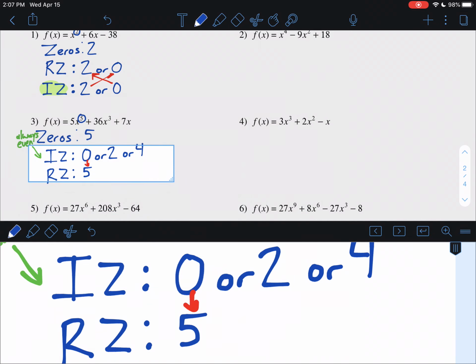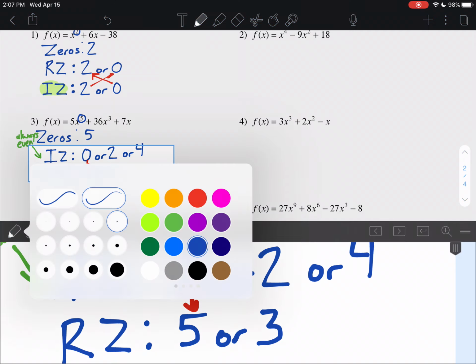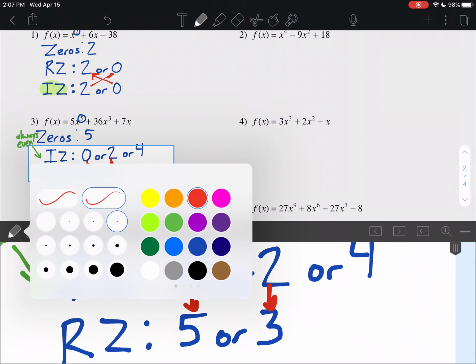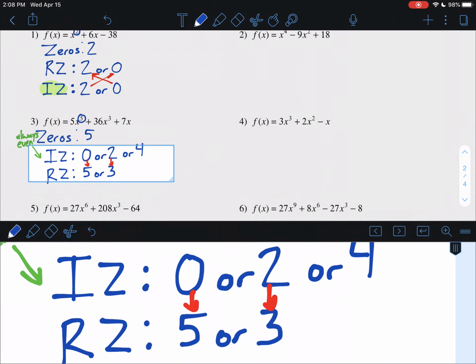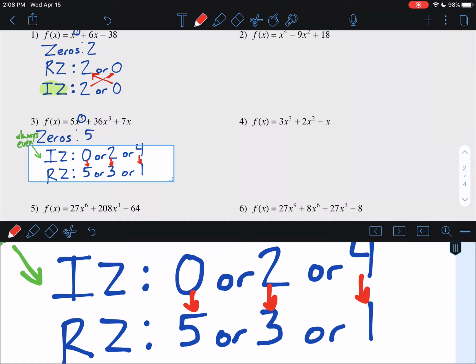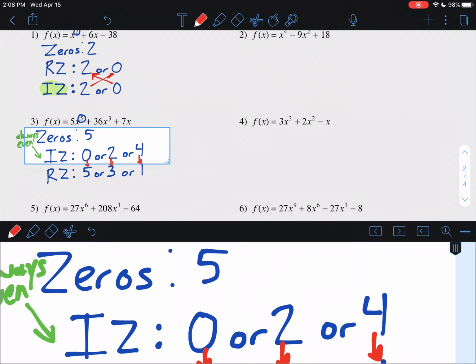If 2 of them are imaginary, since there's 5 total, the other 3 are real. And if 4 of them are imaginary, the other 1 is real. Either way, the imaginary plus the real has to add up to 5 because there's 5 total.